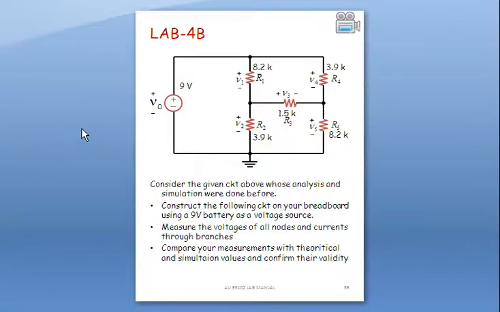And in the B part, you will construct the circuit, and as you remember, it's the same circuit as in the KVL KCL activity. In that activity, we measured the branch voltages and branch currents, and in this activity we will measure the node voltages.